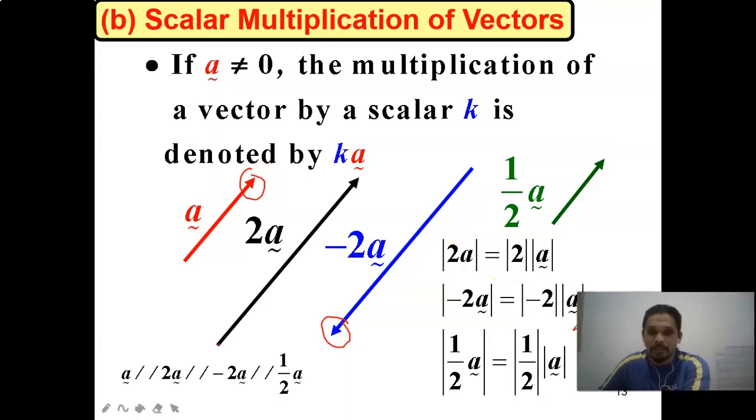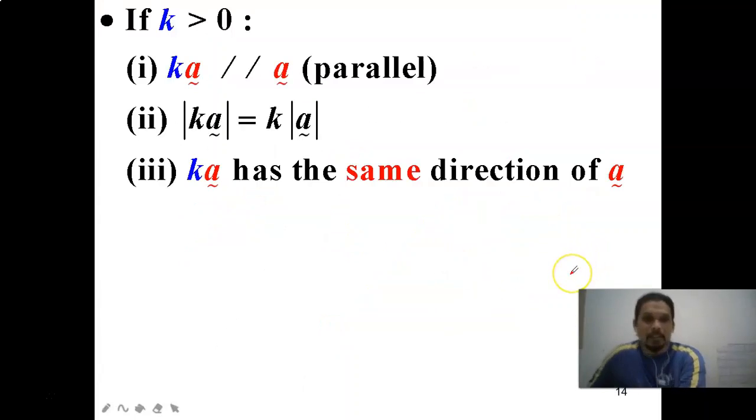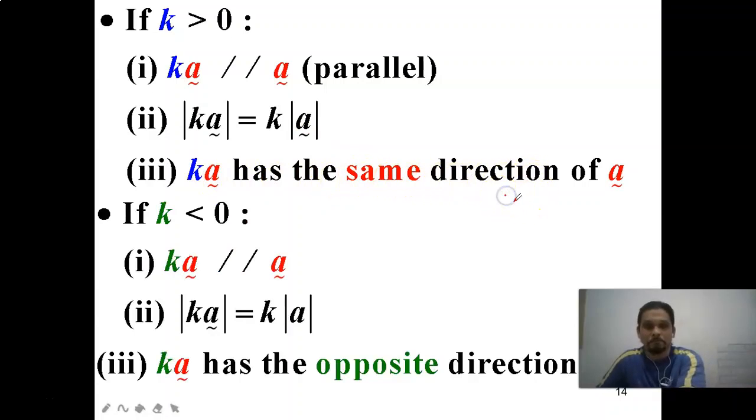Here now, if k is greater than 0, then kA is parallel to the vector A, and the absolute value of kA equals k times the magnitude of A. K multiplied with the vector A has the same direction as the vector A itself.